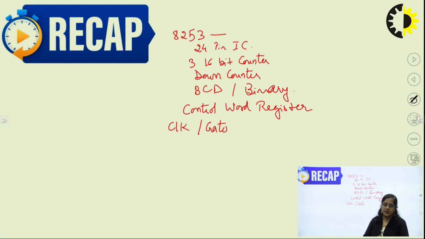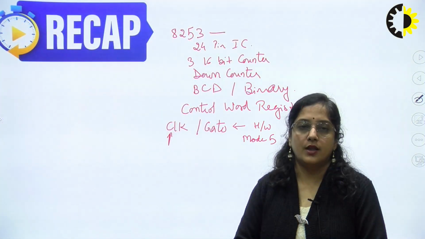First we have to initialize the counter, then apply the clock signal, and accordingly it will start decrementing the value of the counter register. The gate signal is used for hardware control. If we select mode 4 or mode 5, then the gate pulse will be active, and externally we can control the operation of any of the counter registers. So this is all about the 8253 programmable timer counter IC. Thank you.